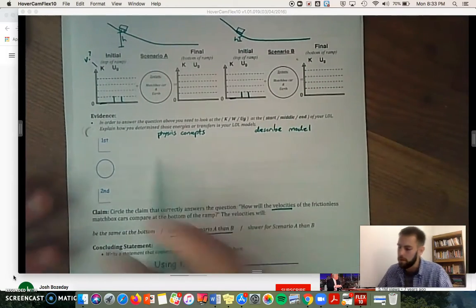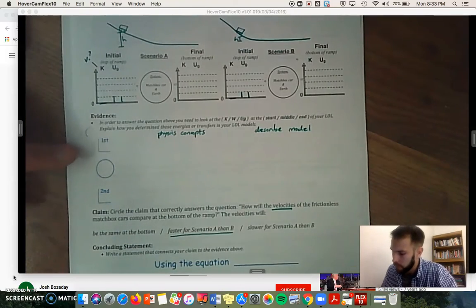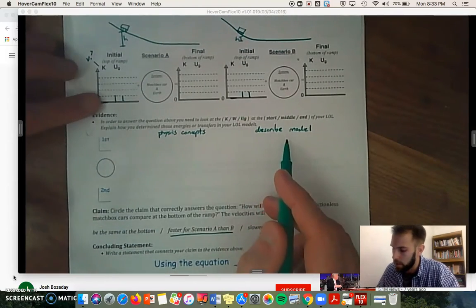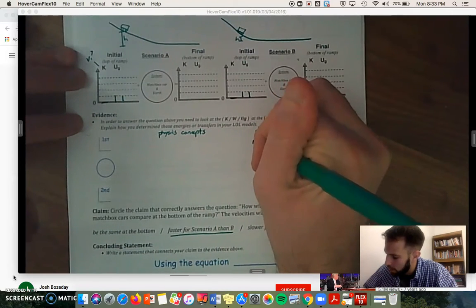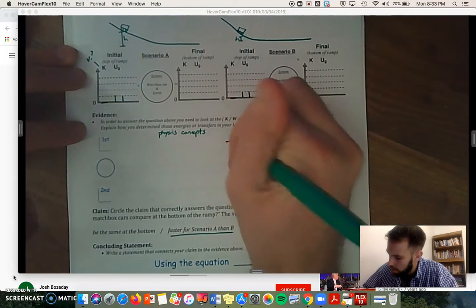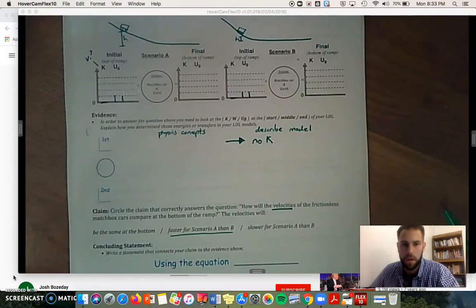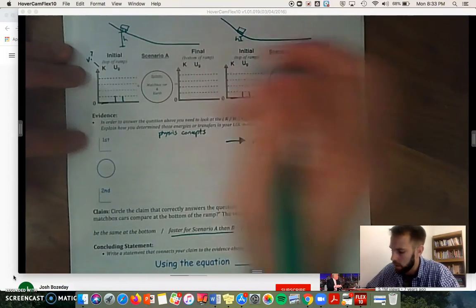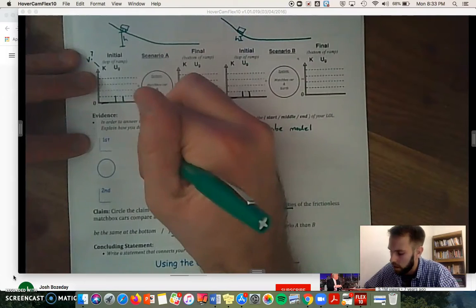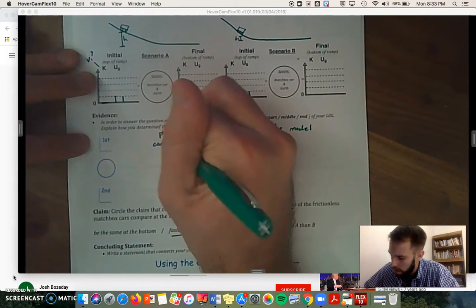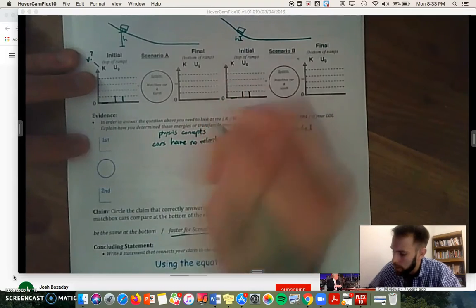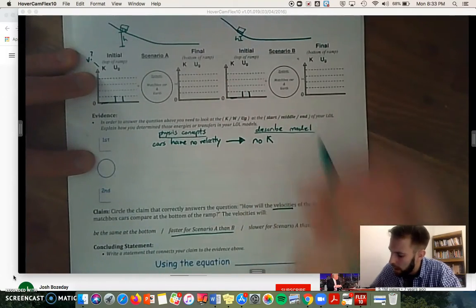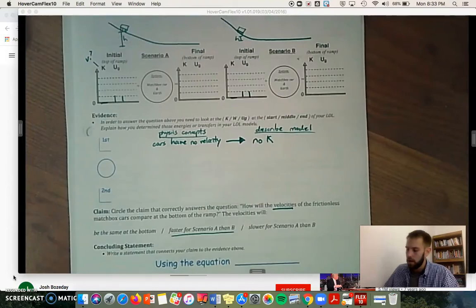When I say physics concepts, for instance, in the model we drew no K. Why did we draw no K? Oh, that was because the cars have no velocity. That's why we did that. That's our physics concept behind the model that we drew.